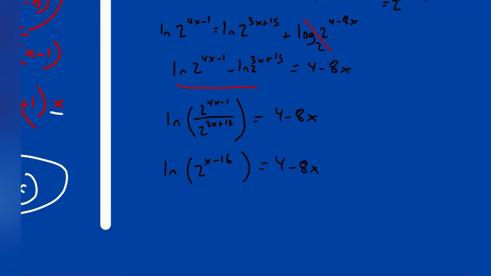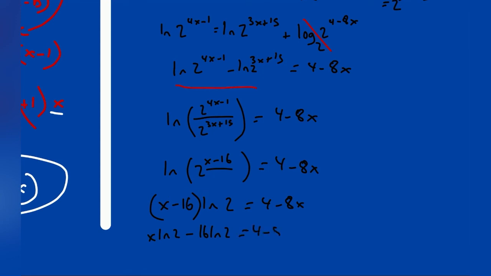Now to isolate this x, I'm going to bring it over, because it's a power, I can do that. So I get x minus 16 times ln 2 is equal to 4 minus 8x. But still, the x is not isolated on this side, so I multiply to get x ln 2 minus 16 ln 2. I've just multiplied each one.